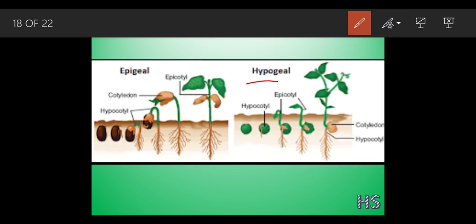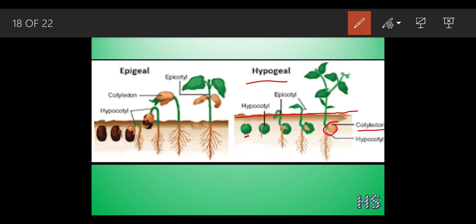But what happens in hypogeal germination? Hypo means below, geal means earth. See, we can see this cotyledon started to germinate. This is the surface, and this is the cotyledon. This cotyledon is present below the surface of the earth.